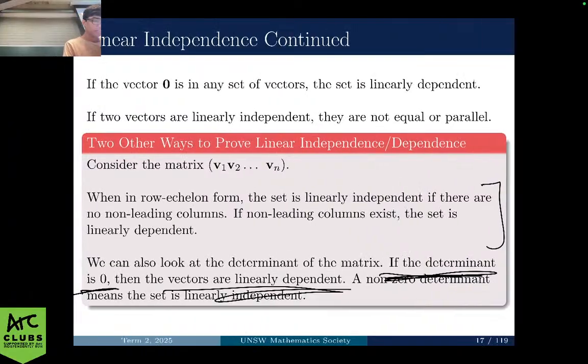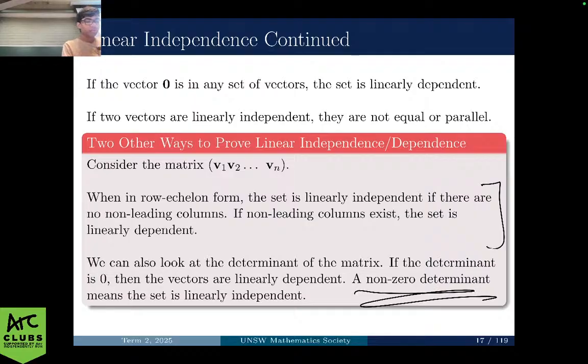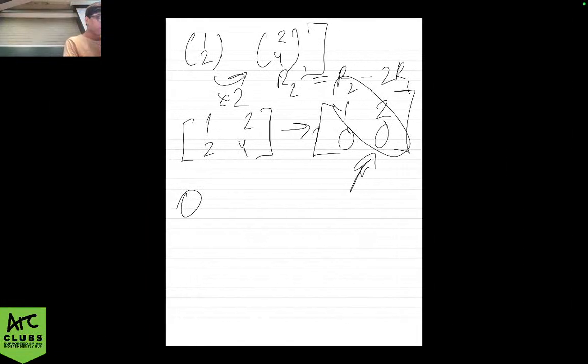And the other case: what if the determinant was non-zero? Well, that would mean that all of these have terms here, and if the entire diagonal has terms, that means there is no non-leading column. So all the columns are leading columns here.